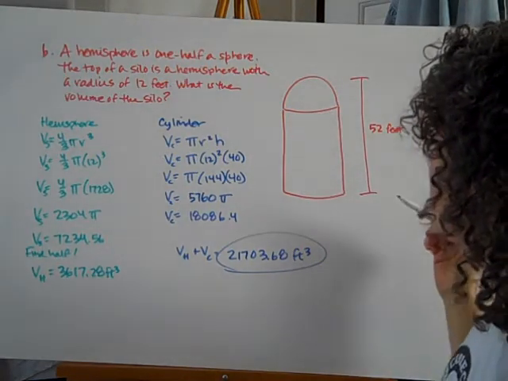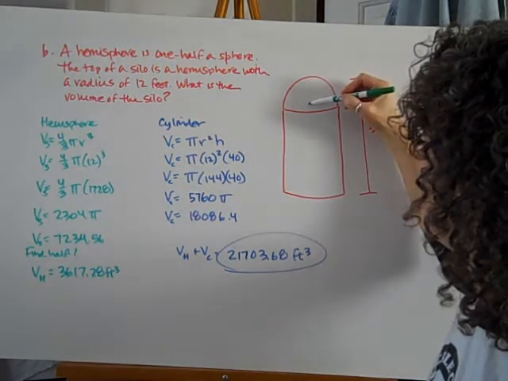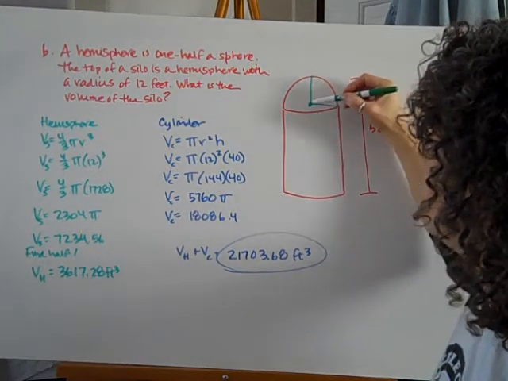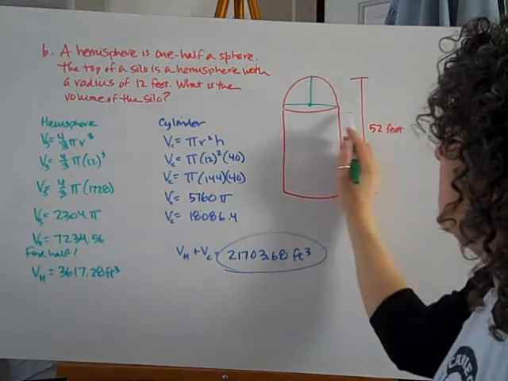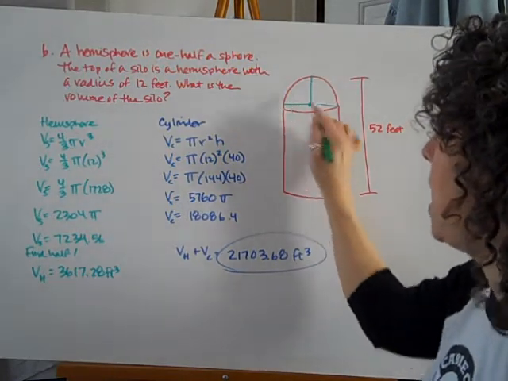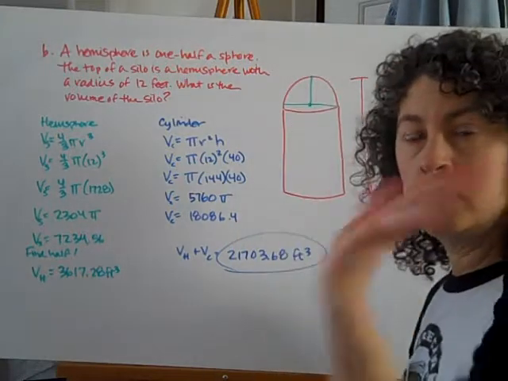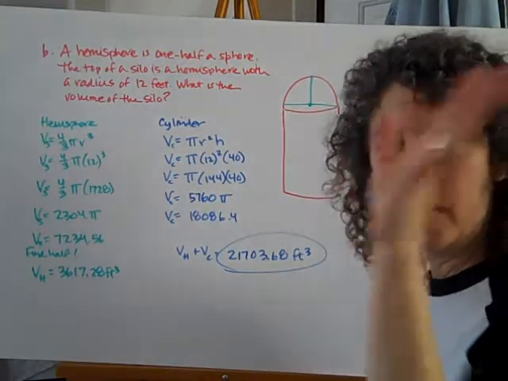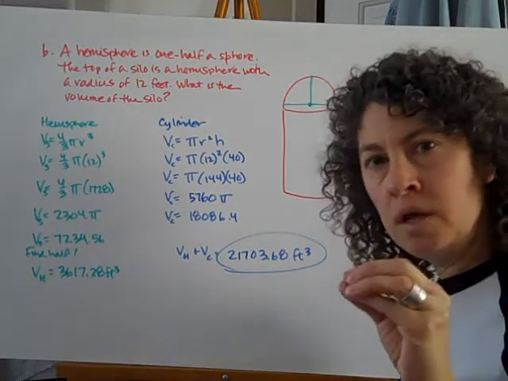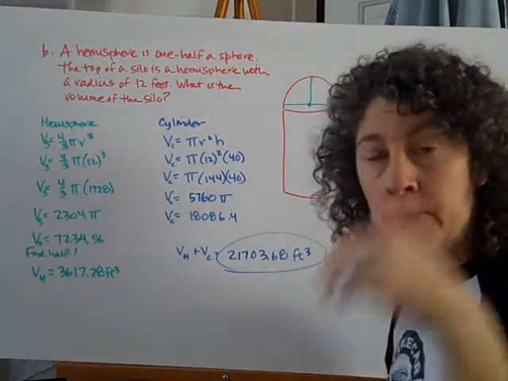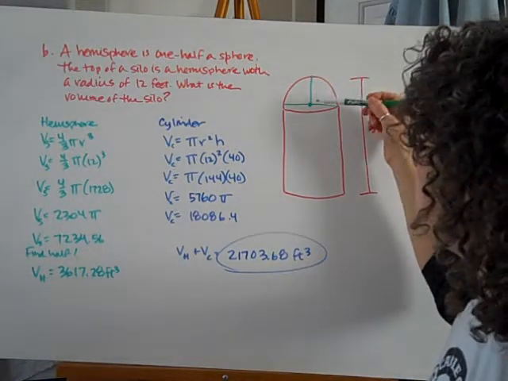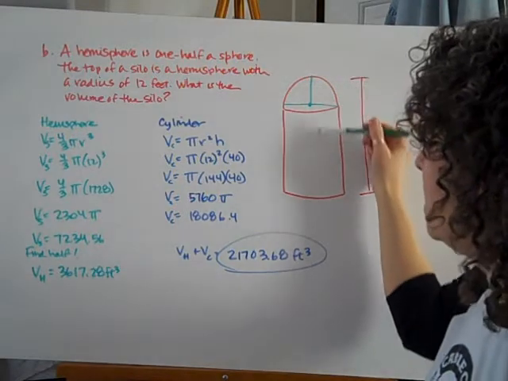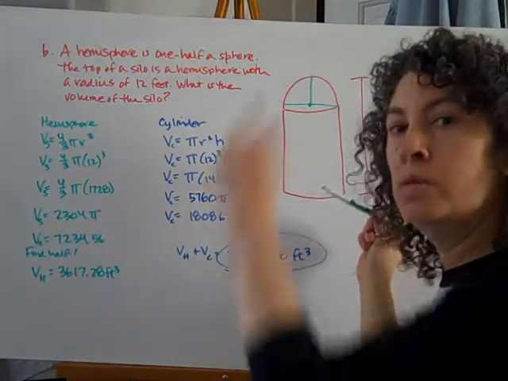So if we think about what's going on here, my radius goes from the center of the bottom of this hemisphere, and then it goes out to all of the sides of the silo. So from the middle of that base, it goes out in all directions. First of all, we need the height of the cylinder, because the cylinder doesn't go all the way to the top.